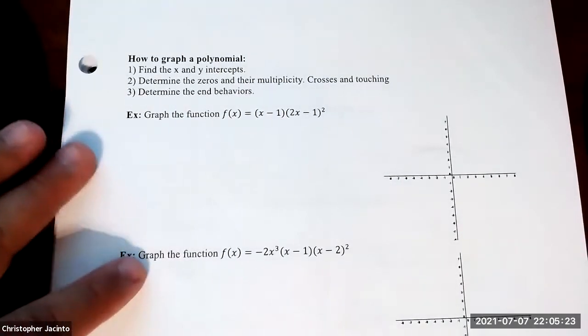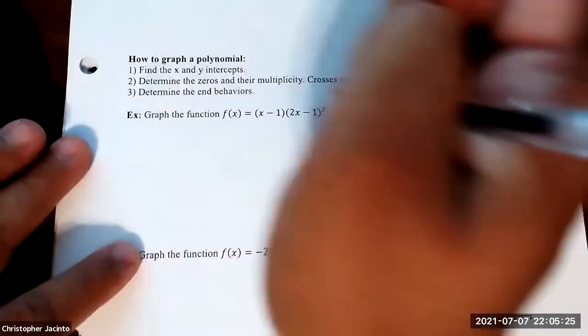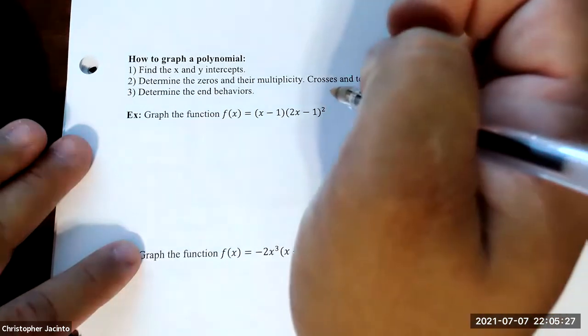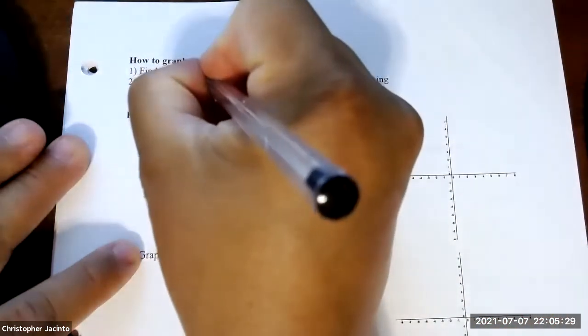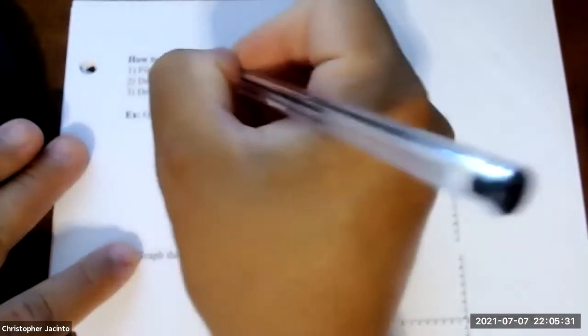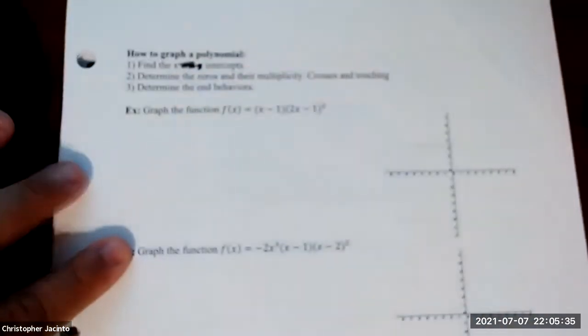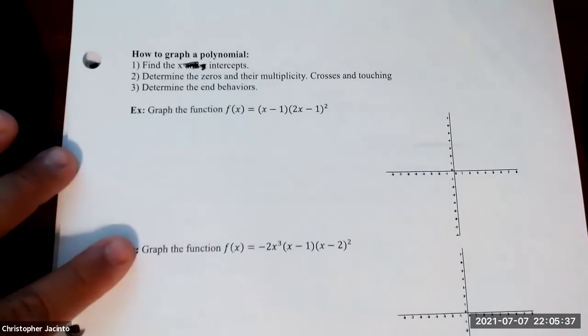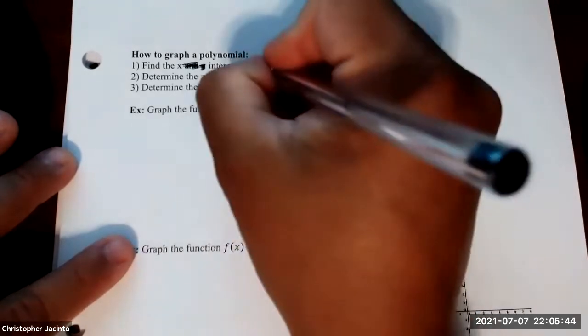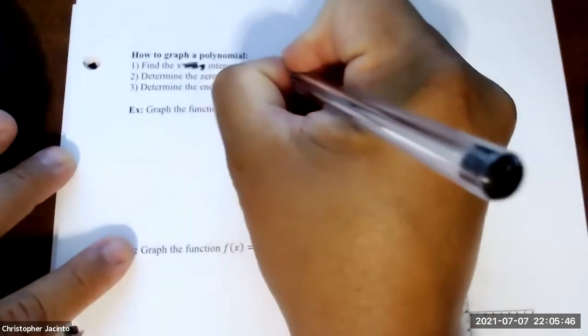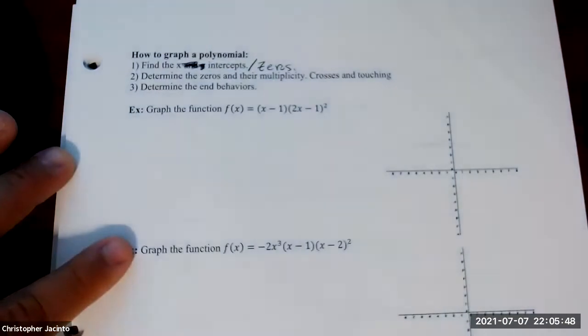So first off, we're going to get rid of the y-intercepts just to help you guys out. So we're just going to find the x-intercepts, and then from there. All right. So again, the way we're going to do this is roughly 3 steps. First, we find the x-intercepts, which is the same thing as finding the zeros of the polynomial.